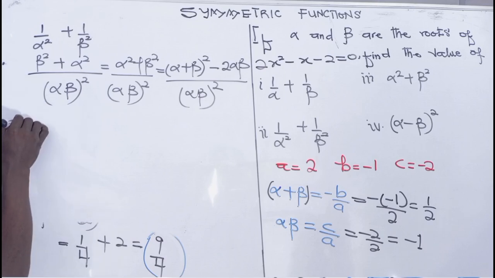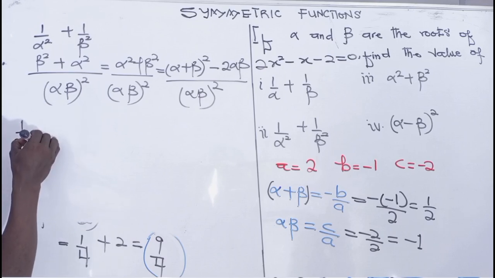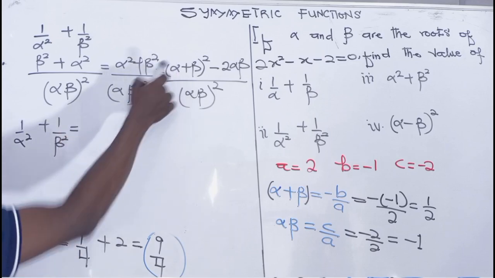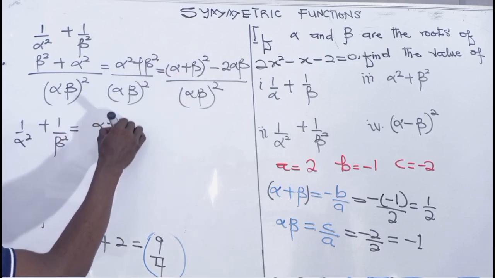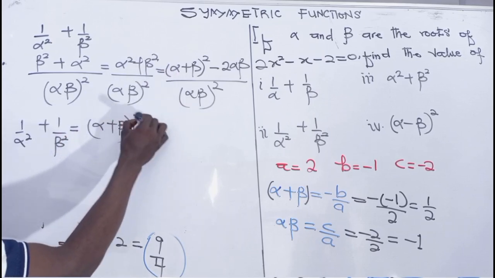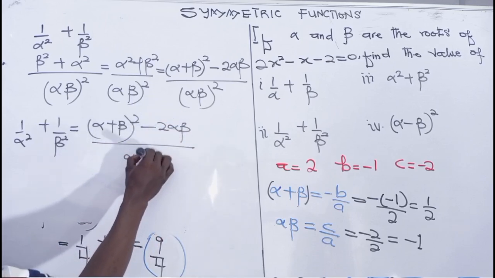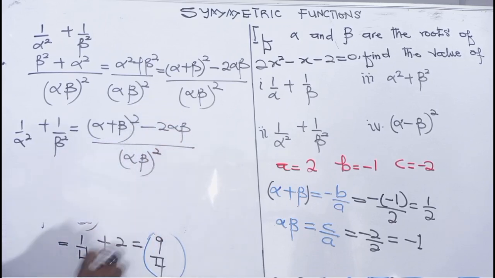So you can see that 1 over alpha squared plus 1 over beta squared is equal to alpha plus beta all squared minus 2 alpha beta all over alpha beta all squared.